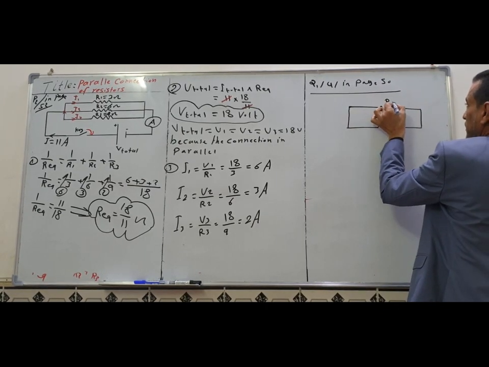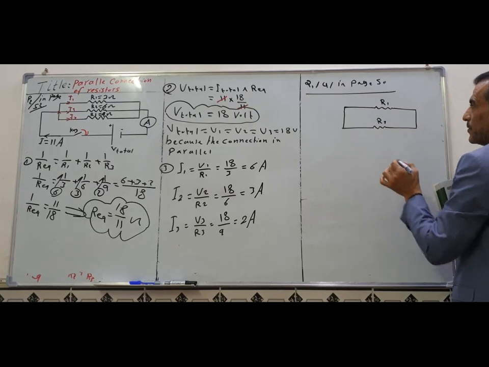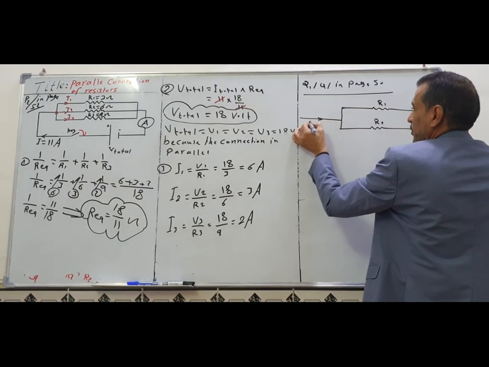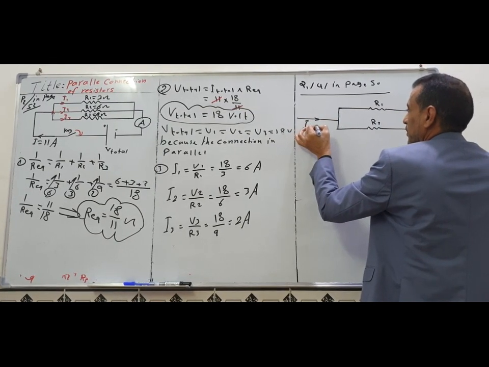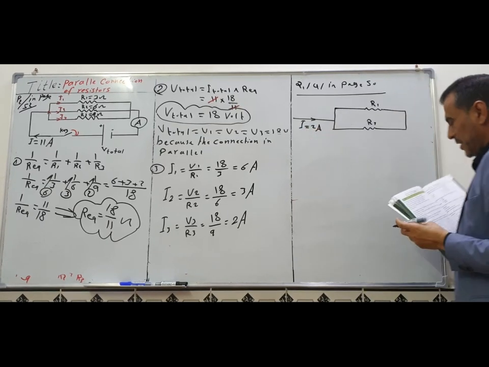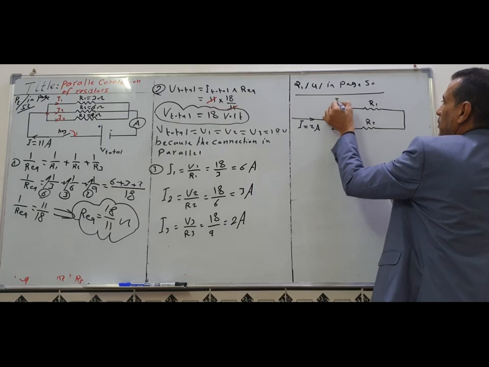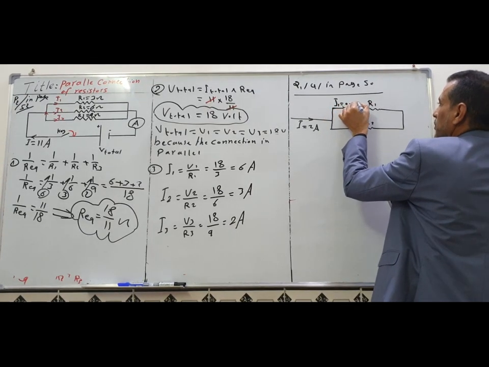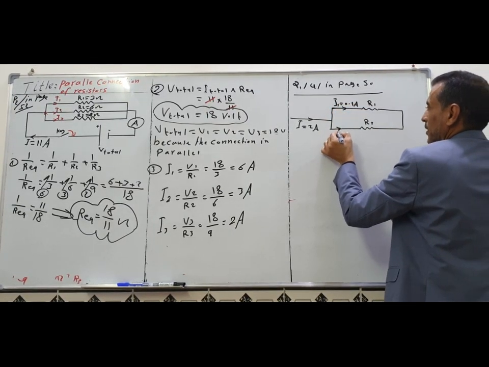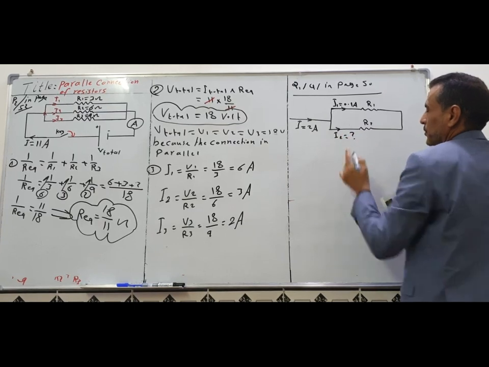This is R1 and this is R2. I total equals 2 ampere and I1 equals 0.1 ampere. Calculate I2.